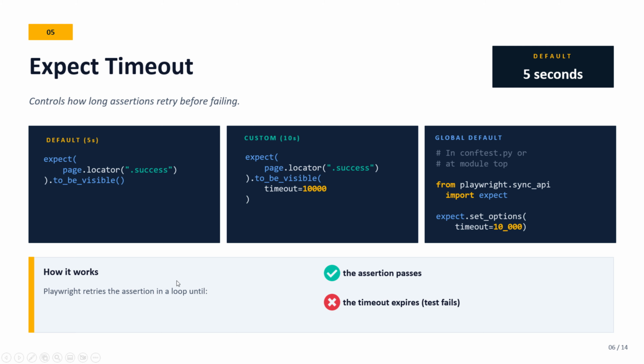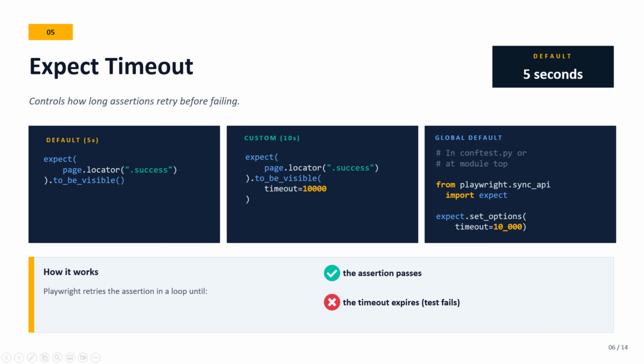It will keep going in the loop until the assertion passes or the timeout expires. So this is the timeout we are talking about. Default is 5 seconds. Here is a custom one, 10 seconds. So it will keep checking, keep trying, until the assertion passes or the timeout expires. If this timeout expires, meaning it takes more than 5 seconds, it will fail.